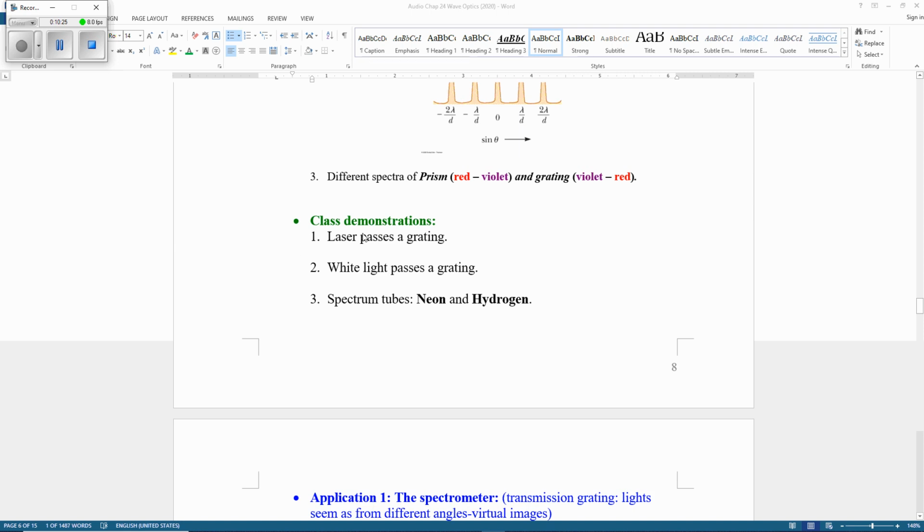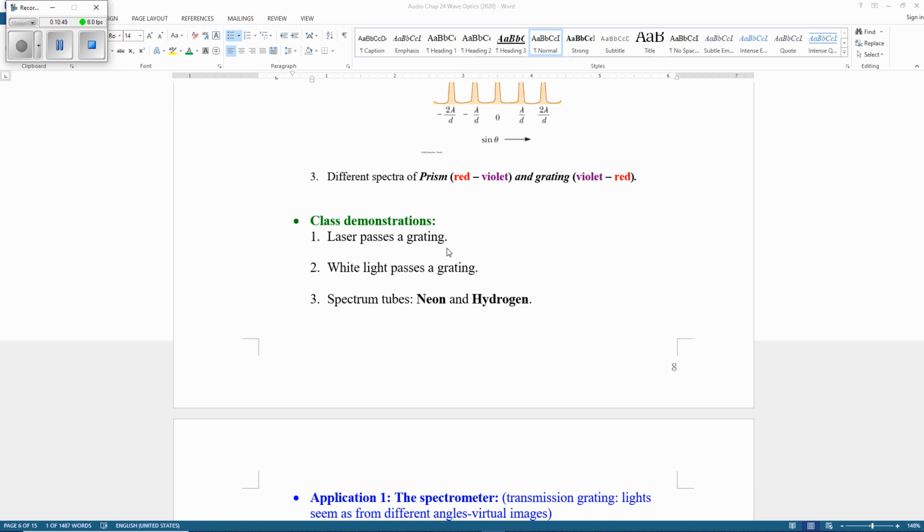And we have so many different applications. When we have a lab, this is one of our labs. We're going to study how laser passes the grating. We have different color lasers, a red one and a green one. They will separate at different angles.